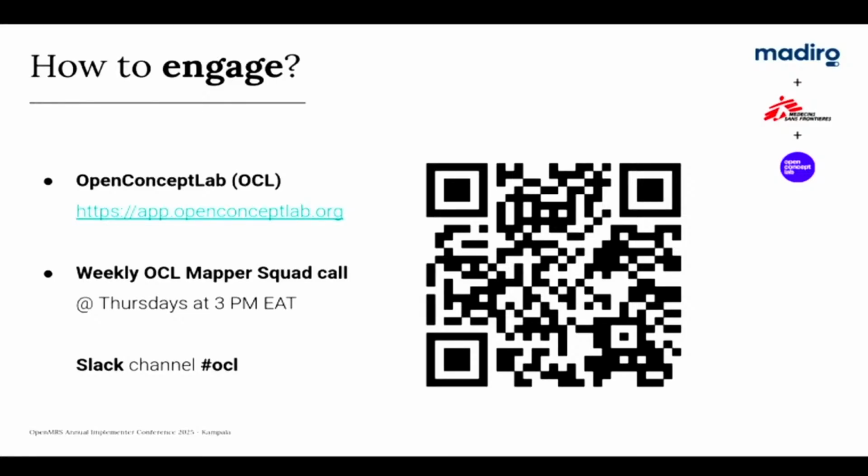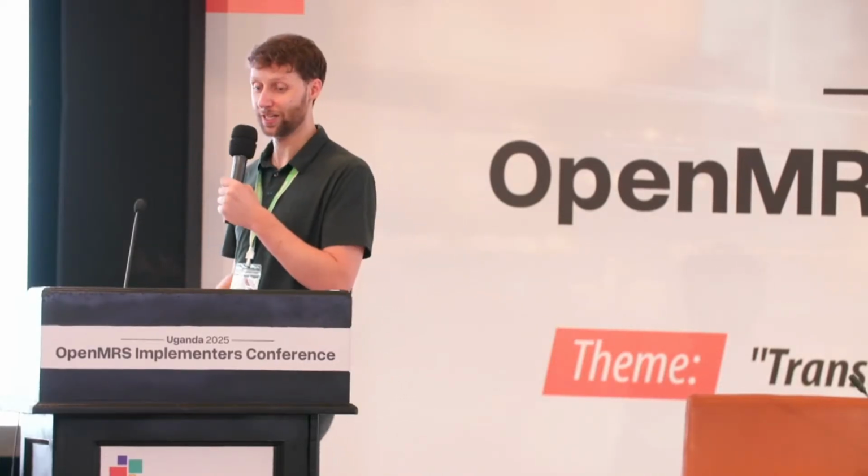You have squads and you have community calls every week. The main call is on Wednesdays, and you also have an OCL mapper call on Thursdays at 3 p.m. EAT. And there is also a Slack channel, OCL, on OpenMRS Slack, so you can easily find OCL community members there.